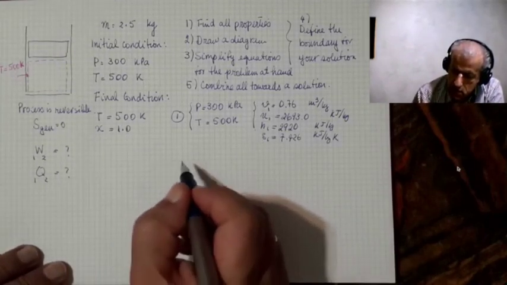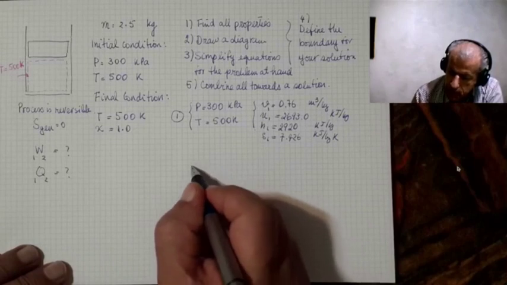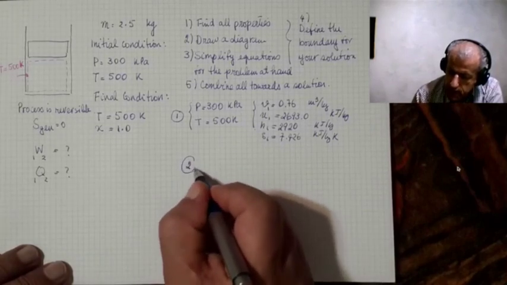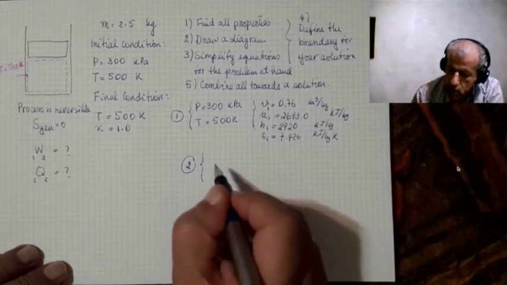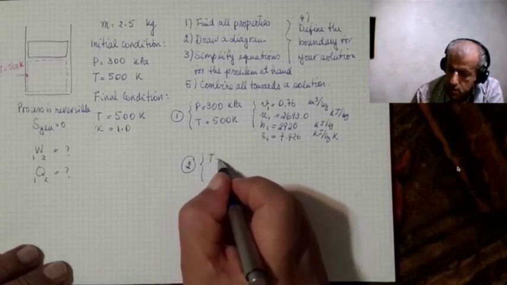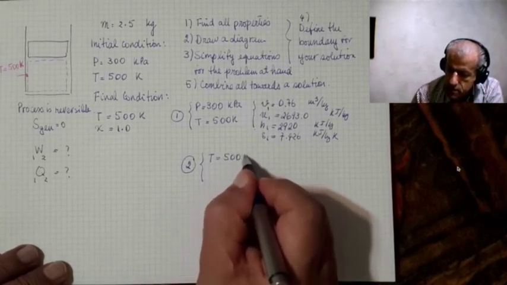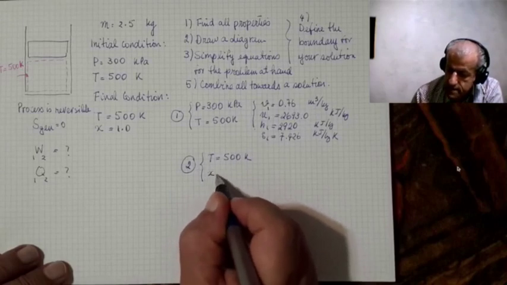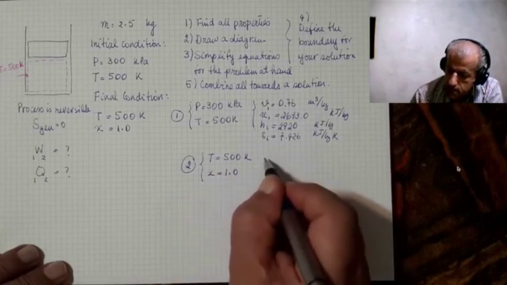Now let's go to condition 2. Condition 2, and we know that temperature is also 500 Kelvins and x equals 1.